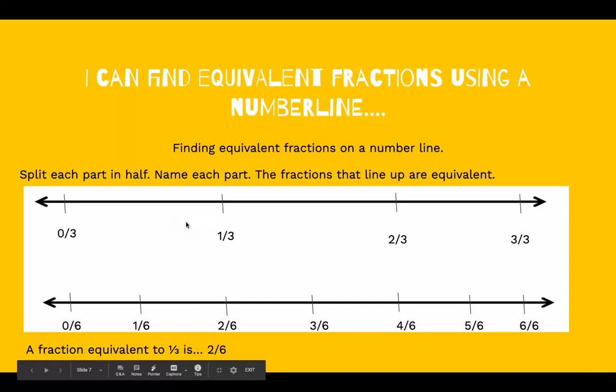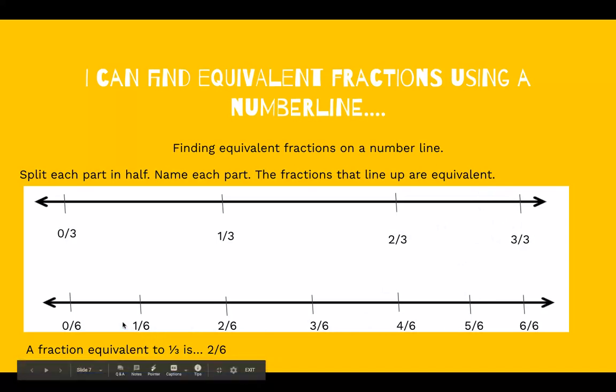I'm going to take my number line and split it up into 3 equal parts. 1, 2, 3. Now I can label each of those pieces. 0 out of 3, 1 out of 3, 2 out of 3, 3 out of 3, or a whole. If I want to find a fraction that's equivalent to it, just like with that pizza, I need to take each part and split each part in half.